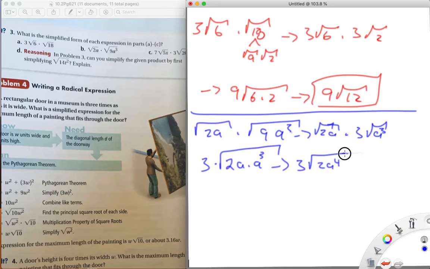Right? I can square root a to the 4, right? I can divide it by 2. It's an even number, so I can say 3a squared times the square root of 2.